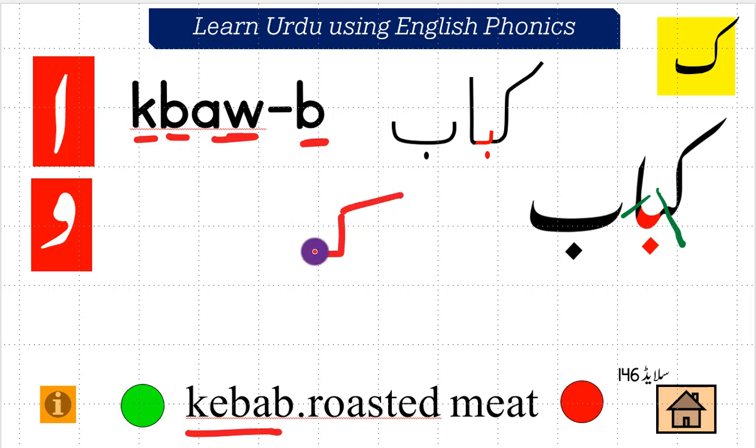K, b, a, ba, kaba, and b, kebab. So that's how generally we write it. Over here I have written it in a neat form. This is the computer font, the writing style that shows you how you can get used to it while reading. Okay, let's move on.